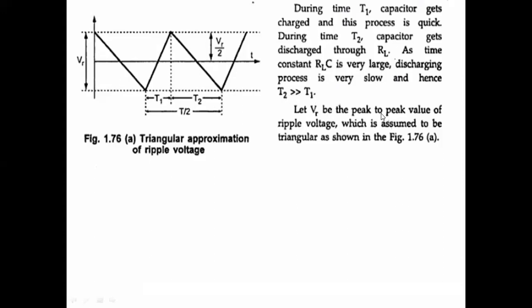Let VR be the peak to peak value of the ripple voltage, which is assumed to be triangular. So we are assuming that the obtained waveform, the output of the capacitor, looks like a triangular waveform.